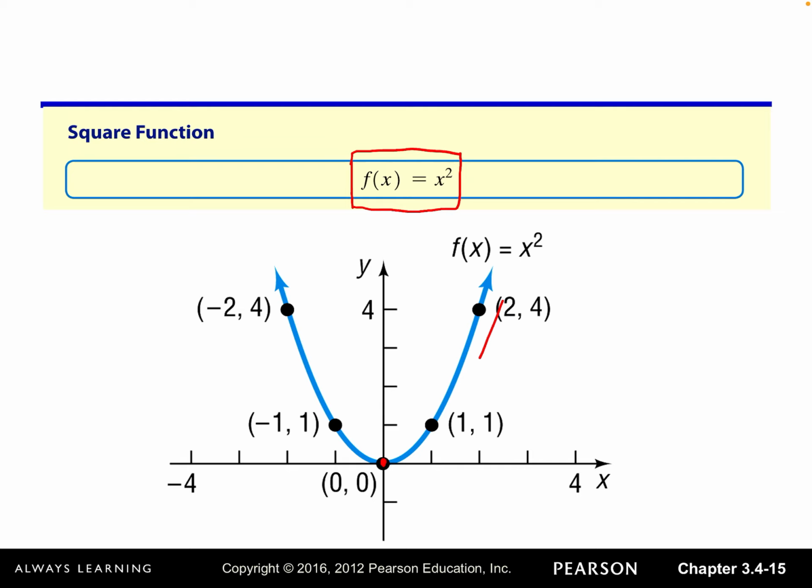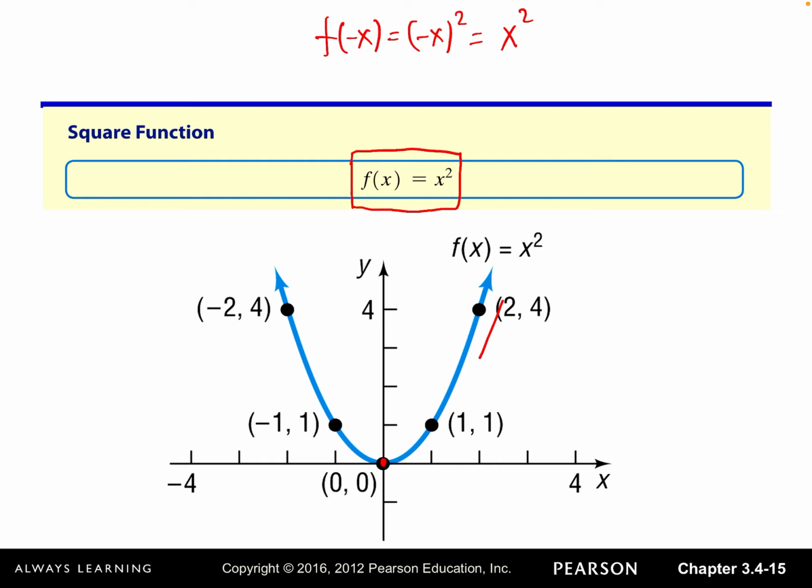The parabola opens up. If you're trying to find whether it's even or odd, you can evaluate f of negative x. That equals negative x squared, which equals x squared, because the negative sign is eliminated after being raised to the second power.